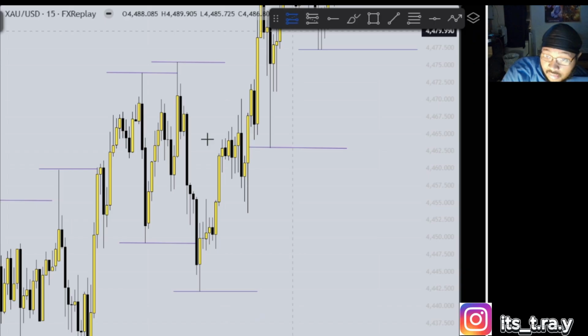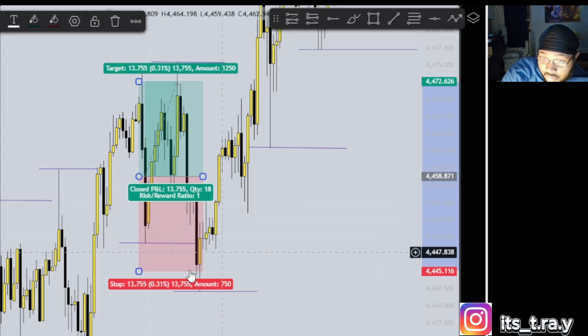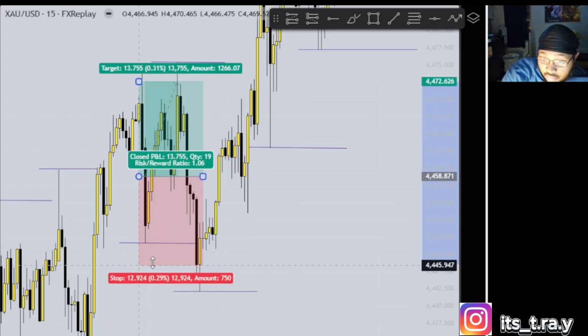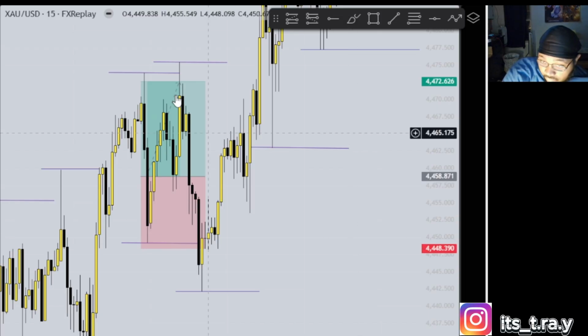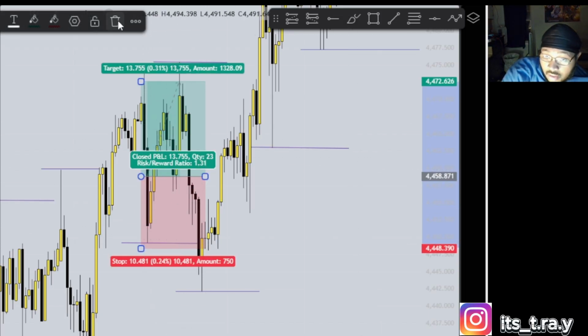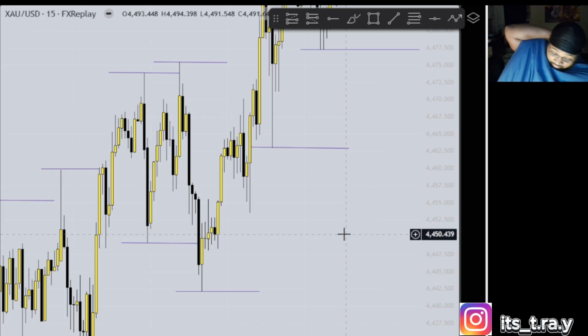In some instances, somebody entered in here and put their stop loss down here. Price did its thing, and it came and took this out. Now, price typically moves to liquidity and away from it to target more liquidity.